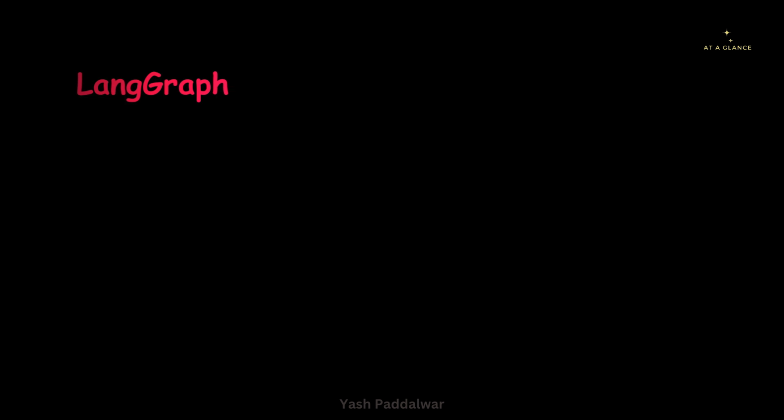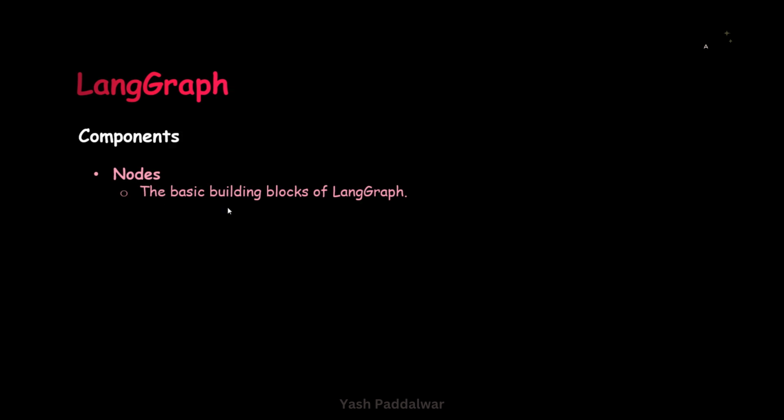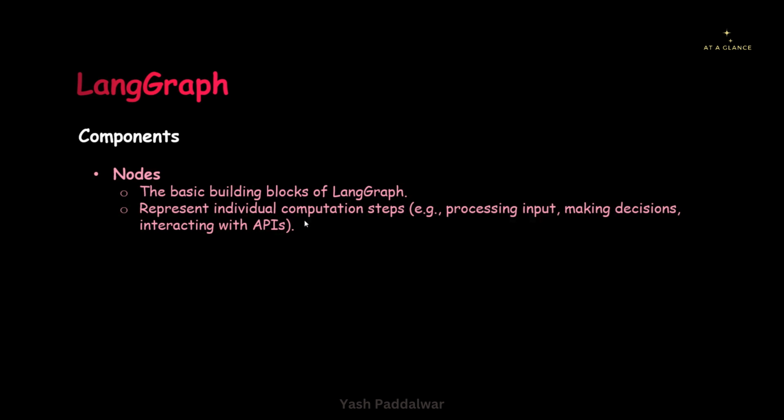The components are very simple. The first component is the node. The node is the basic building block of LangGraph. You can say that a single node is the basic unit of LangGraph. It represents individual computation steps, that is, processing input, making decisions, and interacting with APIs. You can think of a node as a particular function.